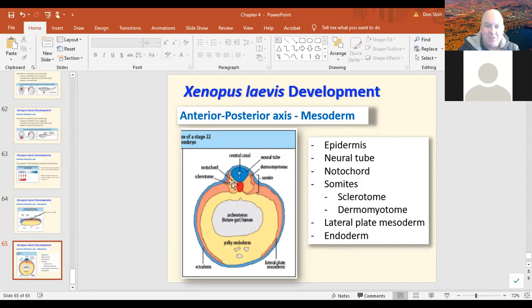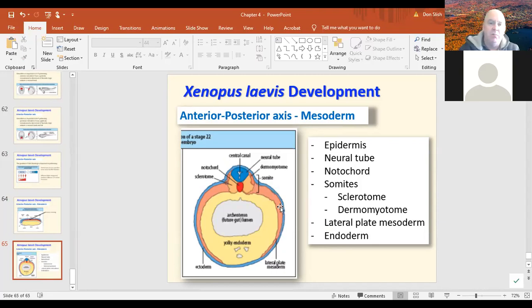But okay, so you've got your somites, and then you've got this red stuff. This is your lateral plate mesoderm. The lateral plate mesoderm then will go on to form your ribs, your axial skeleton, your shoulders and arms and legs and all of that.